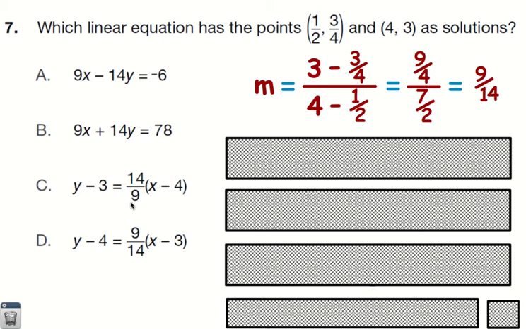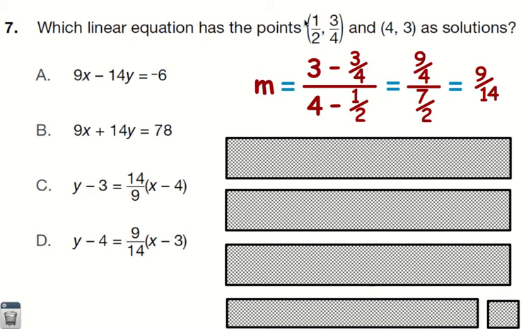Okay? Now, let me take a breath here to address something. These two answer choices, C and D, those are in a form called point slope form. Now, you might have been trained to write equations, right?